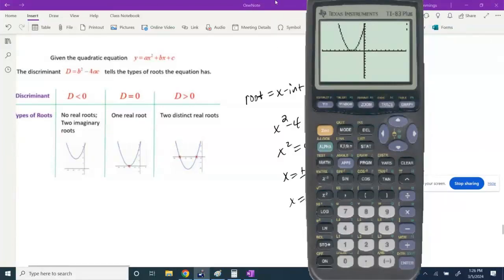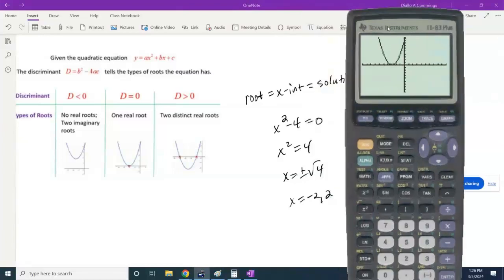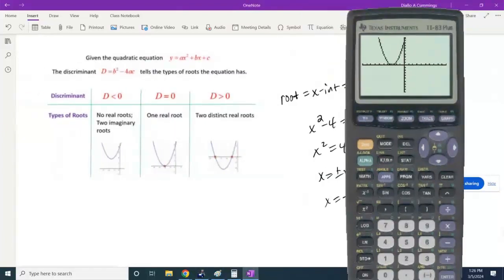If I were to graph x squared plus 6x plus 9, notice it only touches the x-axis at one place. So that would be an example of one real solution. We can use this discriminant to tell how many real solutions there are before we actually calculate anything. So here are some examples of that discriminant.